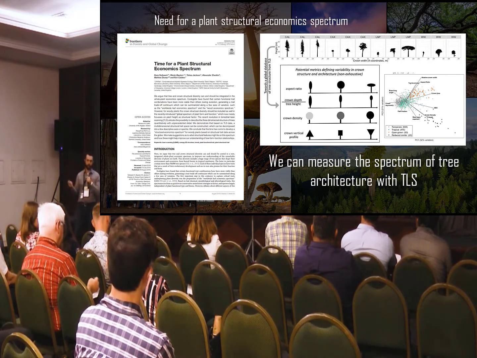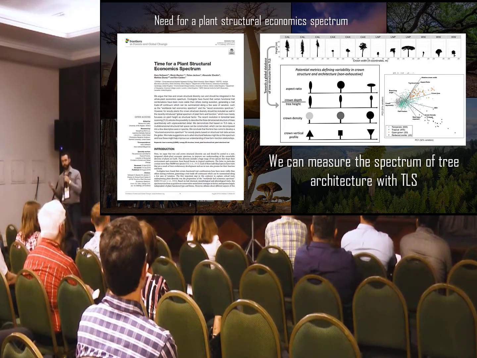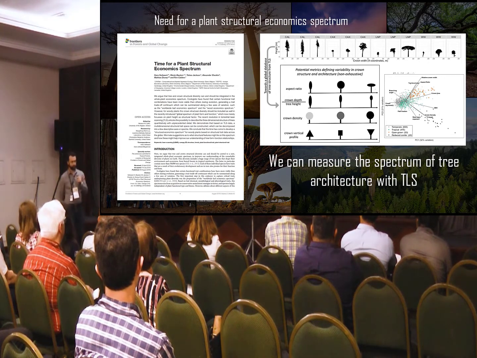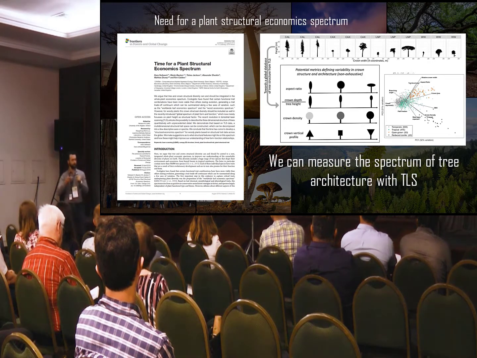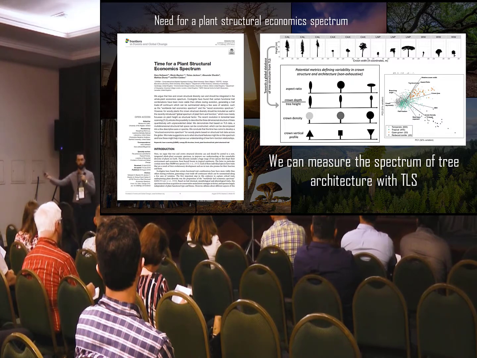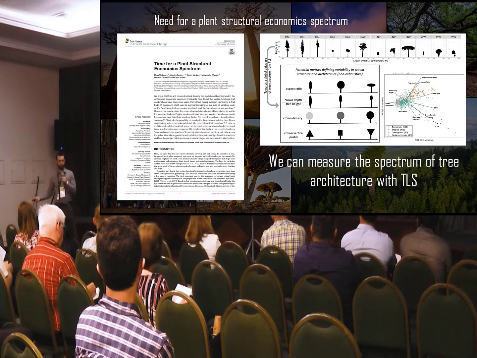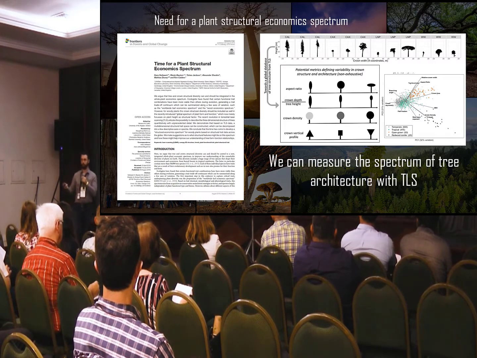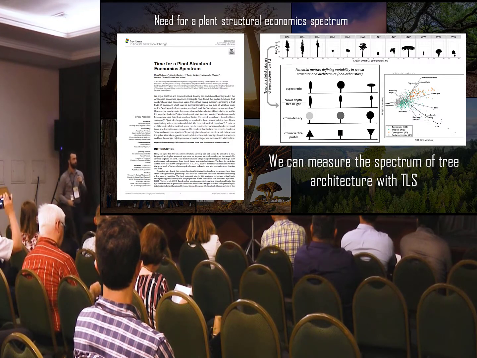So, with that in mind, there's some recent work that suggested we create this plant structural economic spectrum. Really cool paper. And the idea is like, we can start characterizing these different factors that describe the architecture, the shape of the tree crown, like the aspect ratio, the crown density, or the vertical profile of that tree crown, and use it to start to more quantitatively describe what's going on in a single tree structure.